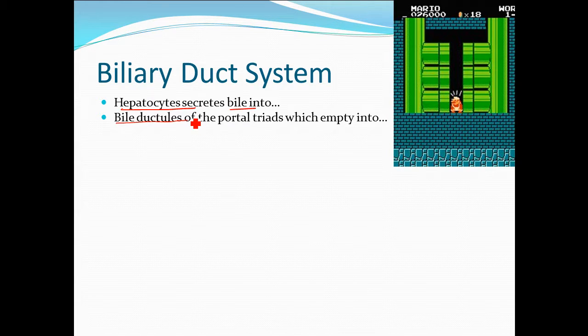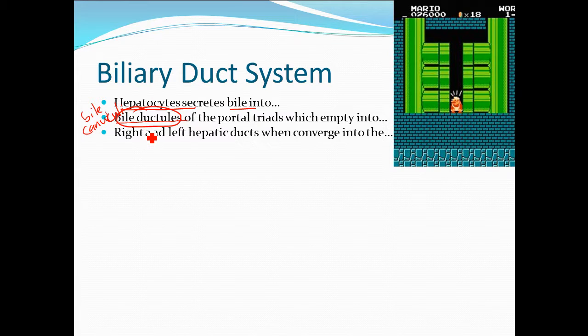They go into those little vessels called the bile canaliculi. Okay, and they go into the bile ducts or bile ductules.